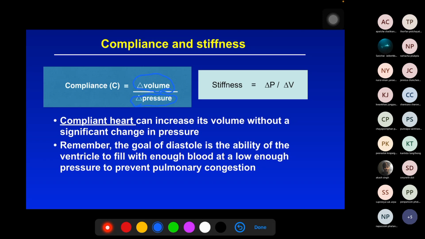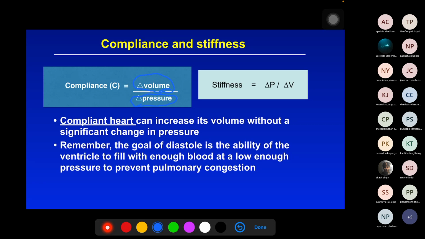Stiffness is delta pressure divided by delta volume. This means if the myocardium is stiff, a little change in volume can impact the pressure change a lot. So this myocardium is quite stiff.